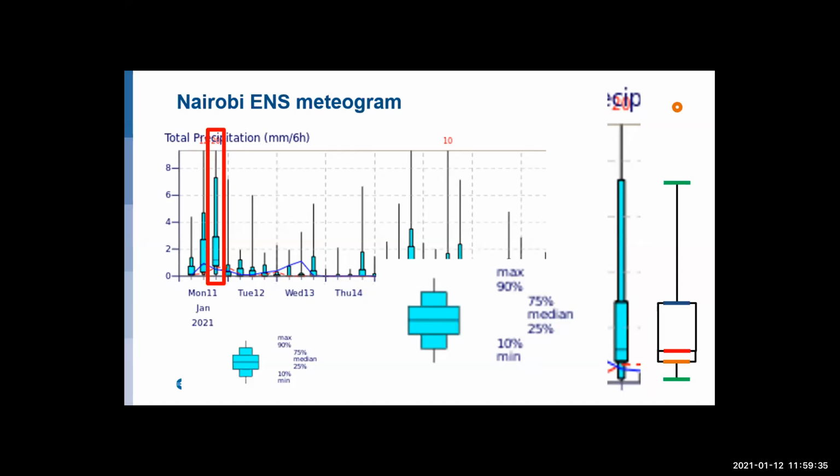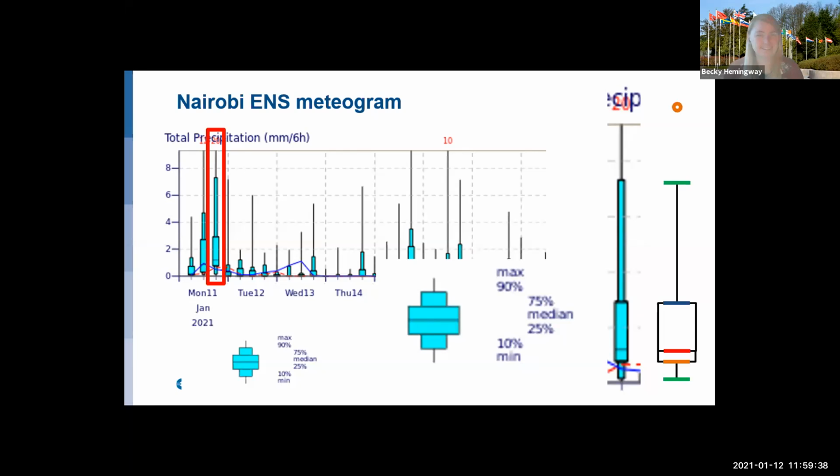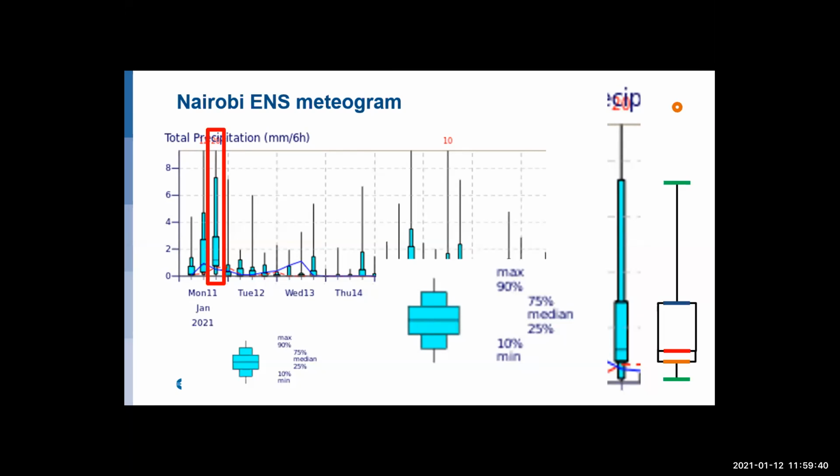Okay, great. Yes, makes sense. Thank you, understood. So thanks, Anna. For this one here, for instance, because here you don't see my pointer, if you look at the value, still in the red box, the value 3 millimeters, which is the 75th percentile, it means that 75% of your members are below 3 millimeters, and 25%, a quarter of your ensemble members, are telling you the precipitation is above 3 millimeters.